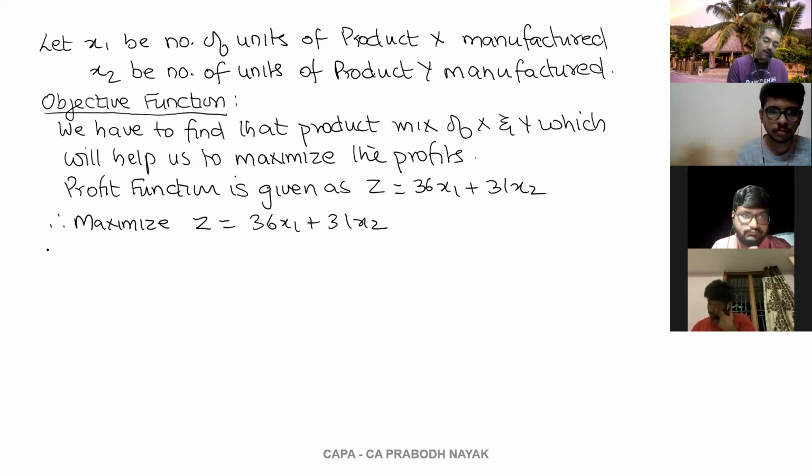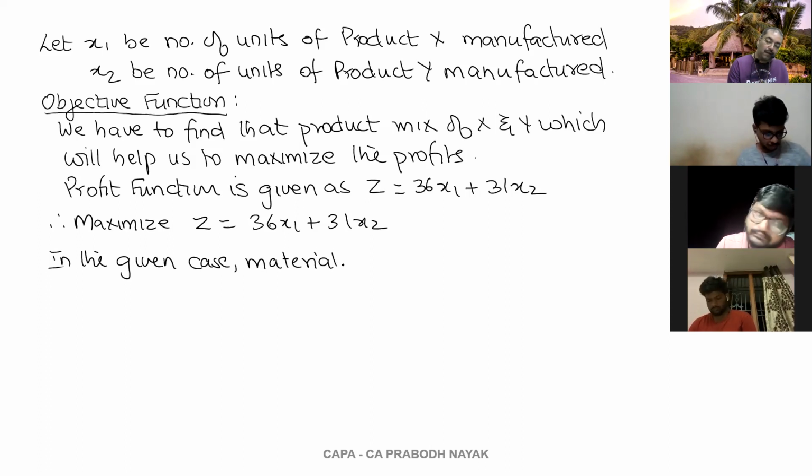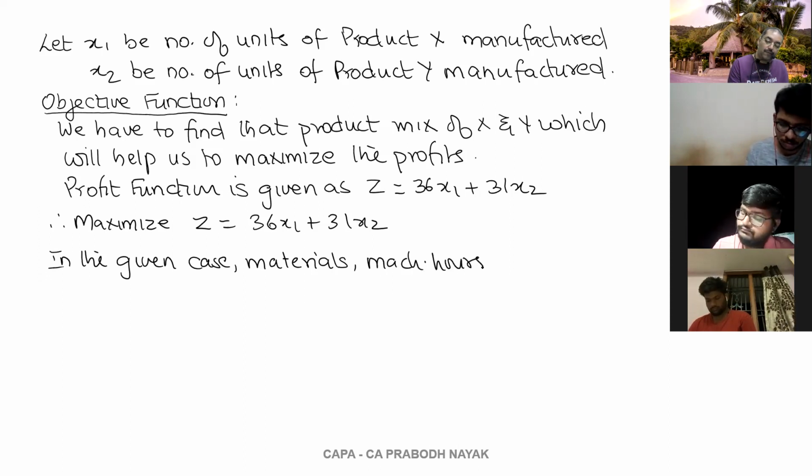Okay, next line write. In the given case, materials, labor, and machine hours in Department A and B are the constraints.